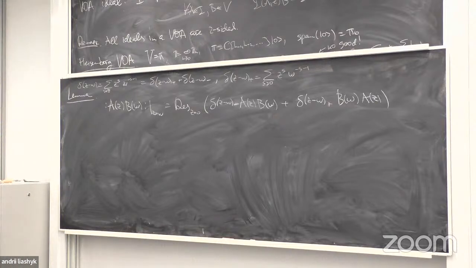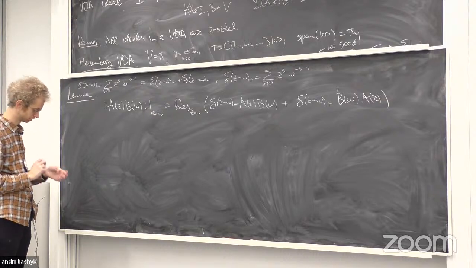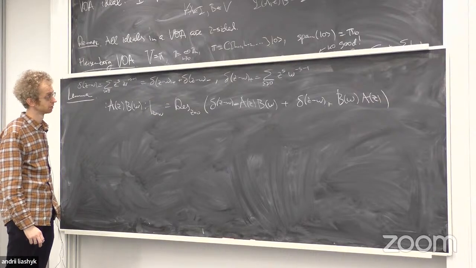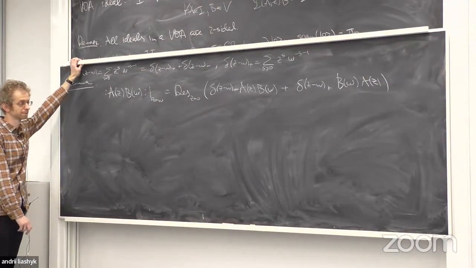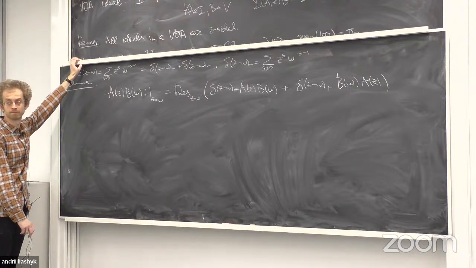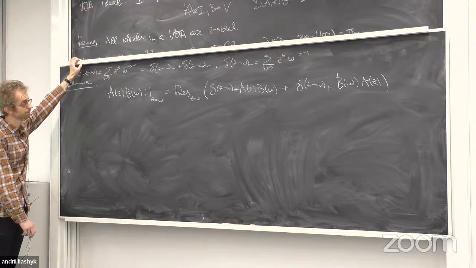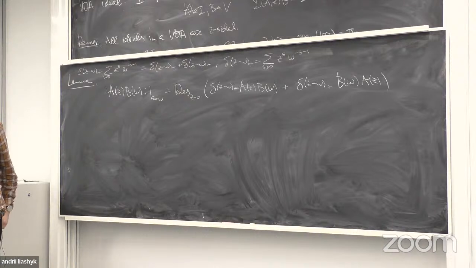So the residue is the coefficient in front of z inverse. So we take the residue at z equals 0.